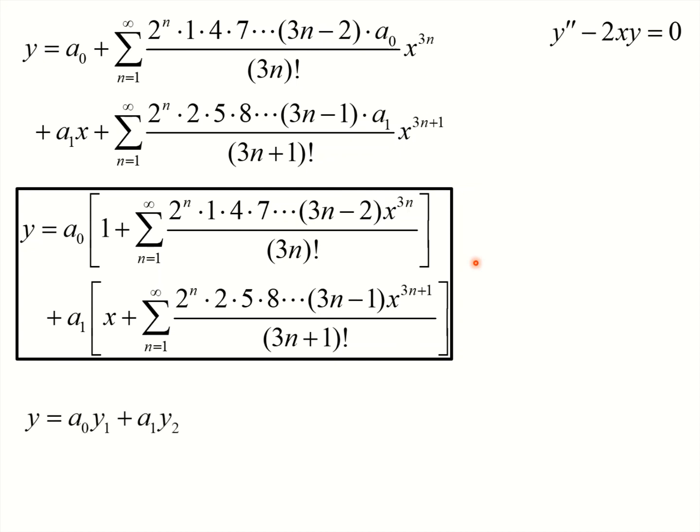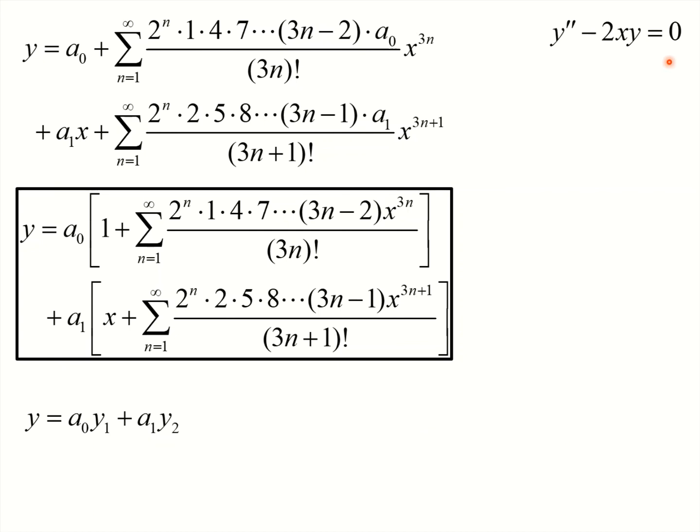And so our solution really looks like this: a naught y1, where y1 is this vector, plus a1 y2, where y2 is this vector. And each of these vectors, y1 and y2, belong in the kernel of some linear transformation, and they get mapped to the 0 vector. That's the linear algebra end of this.